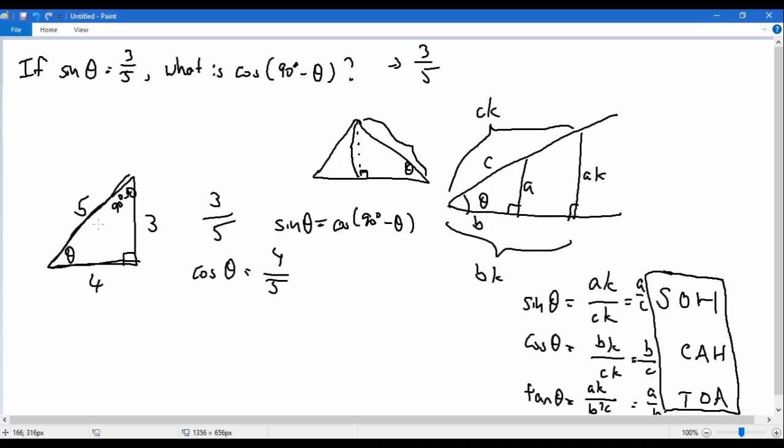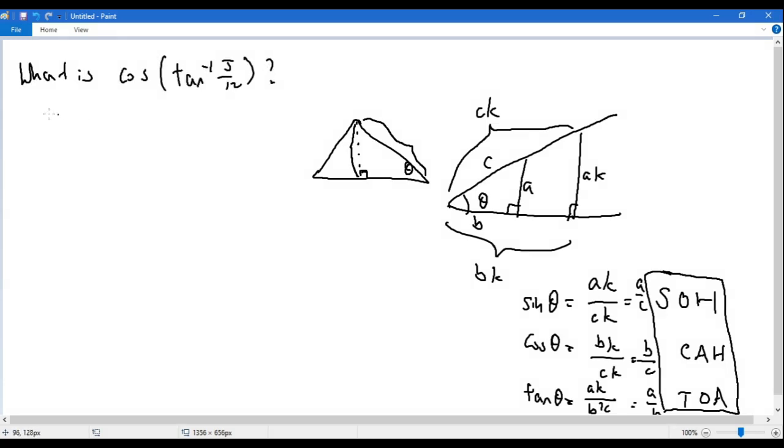It's like a variable. So for our next problem, we have what is cosine of tangent to the negative 1 of 5/12? What is this? Well, we have a negative 1. It usually means an inverse function. For example, if you take 3 to the negative 1, that's 1/3, because it is the inverse of 3. If you take the inverse and multiply it by the 3, you get back 1.